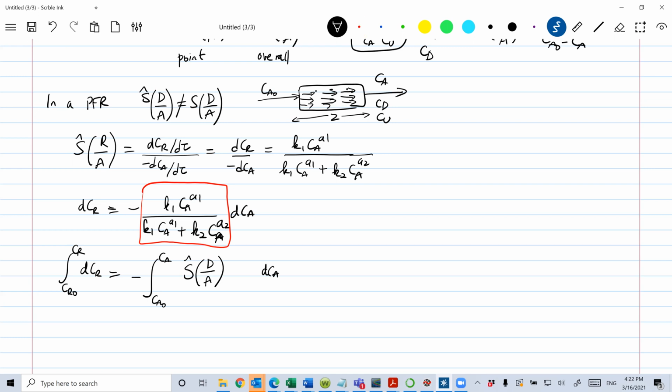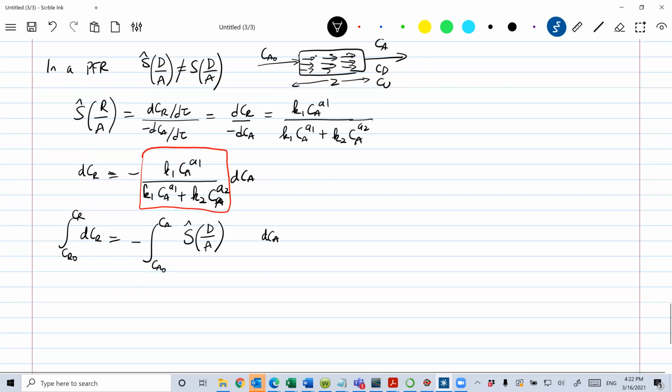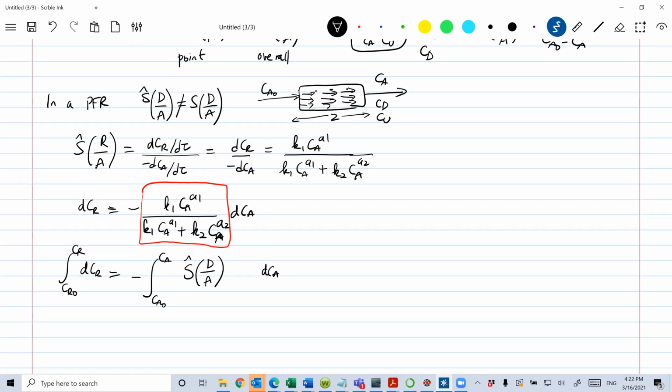This is the instantaneous selectivity that we're effectively integrating. What is the second term in the denominator? Is it K2 CA? I had a lowercase a, I changed it to uppercase A. So yeah, it's the same. So we basically realized that we are integrating the instantaneous selectivity.